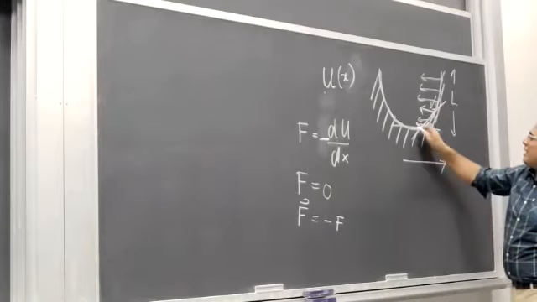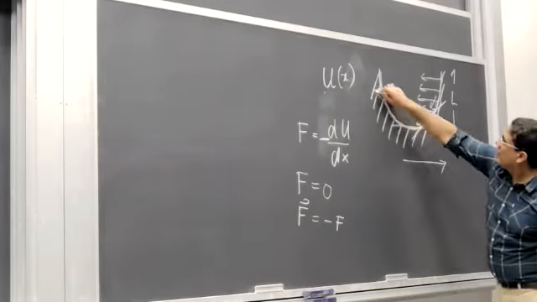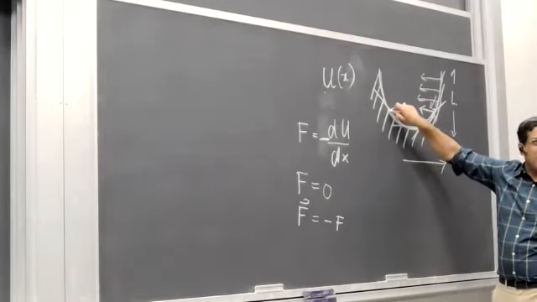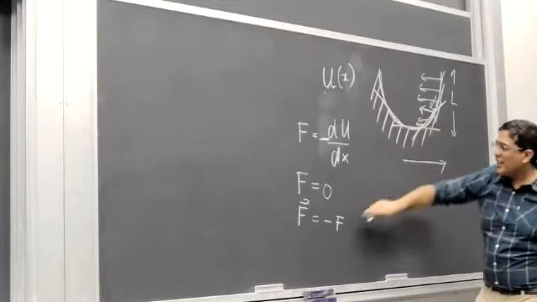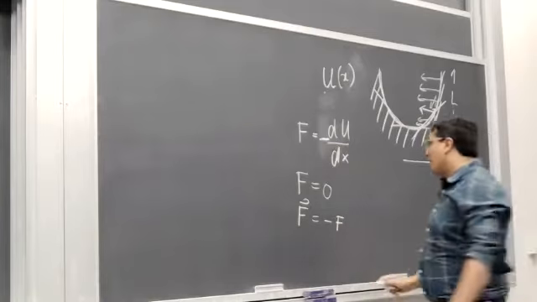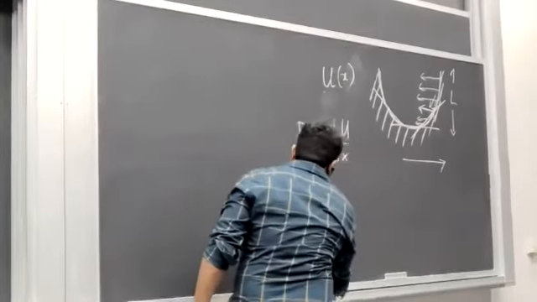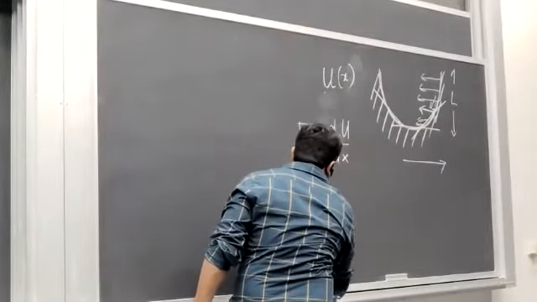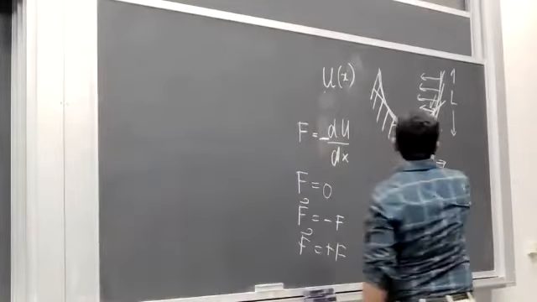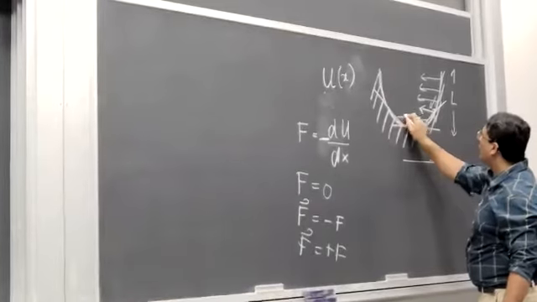Then if you go here, at this point, the derivative would be negative, right? And a negative and this negative, when they multiply, the force becomes positive. So the moment you cross the valley, the force changes its sign.